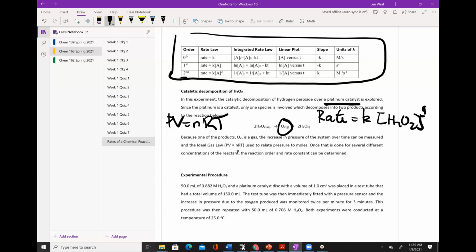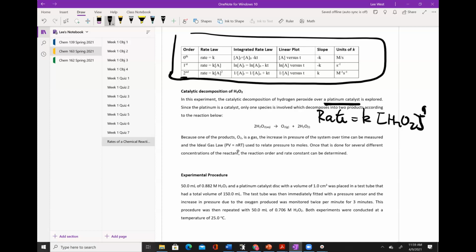If I measure how the pressure is going up, I can measure the number of moles of oxygen this reaction is producing per second. Then, because I've got a balanced equation, I can figure out the number of moles of H2O2 being consumed per second, and the number of moles of liquid water being made per second as well.